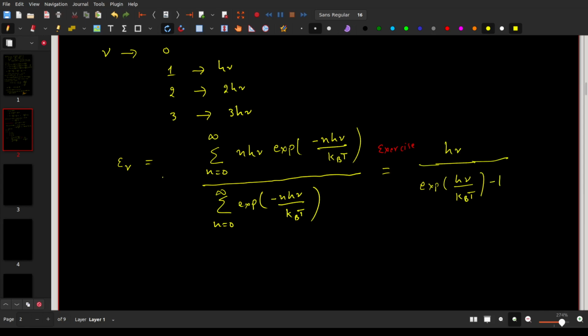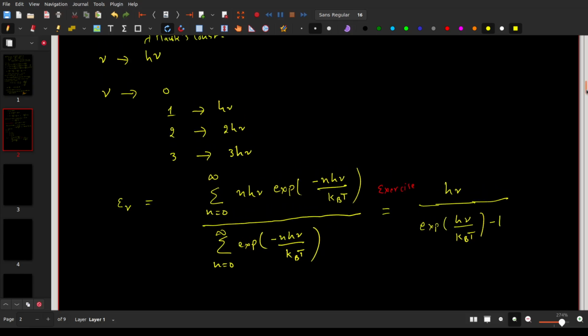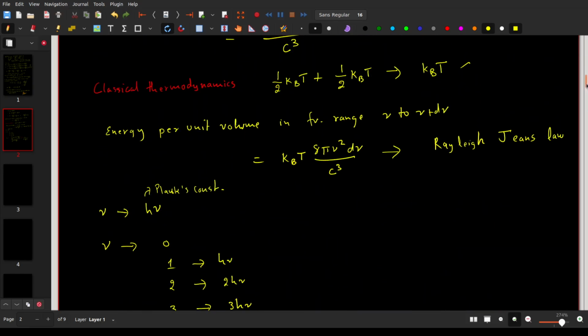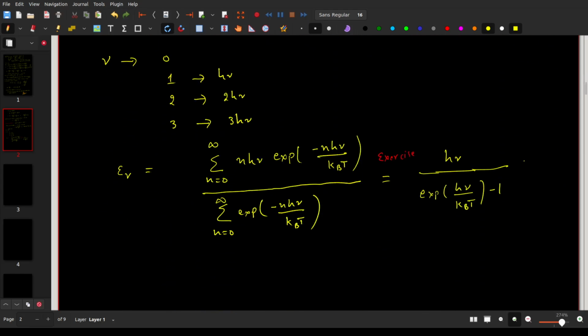So this is the average energy at frequency nu and temperature T, when we assume that light is made up of quantas or photons. So now this is our energy contribution at frequency nu.